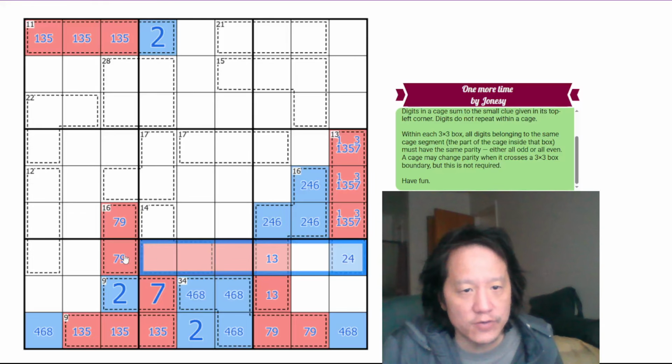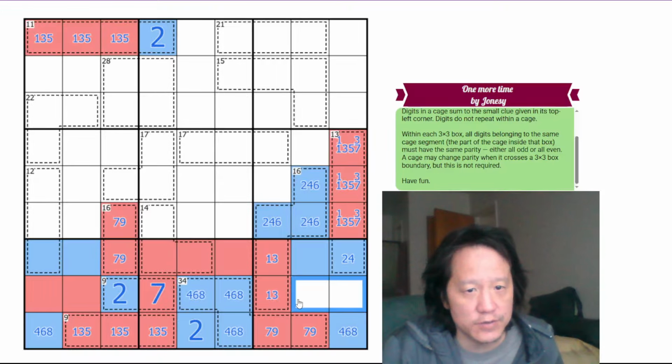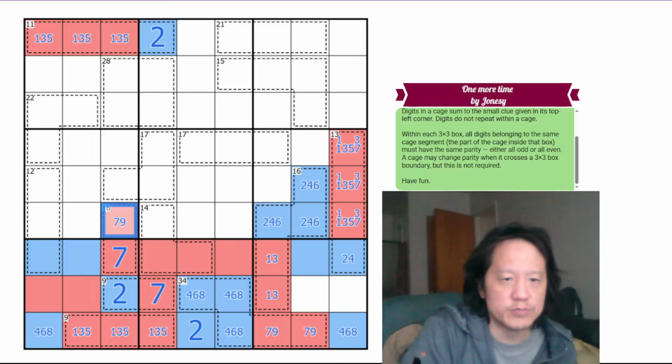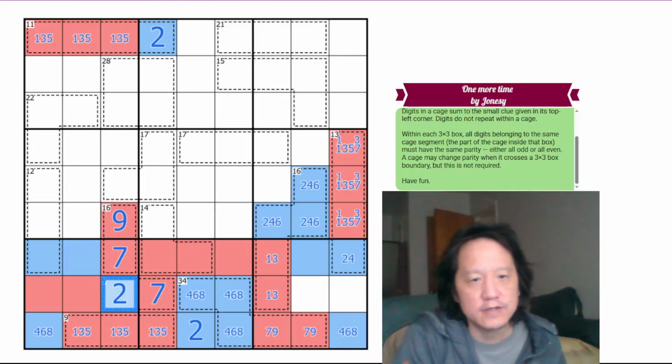And we have now in row 7, 5 odd digits, which means the rest of the digits in the row are even. That means this lower left-hand box, we have 4 even, so this must be odd here. We don't know about this, though. So 9 has to be one of these cells, so it cannot be 9 here.